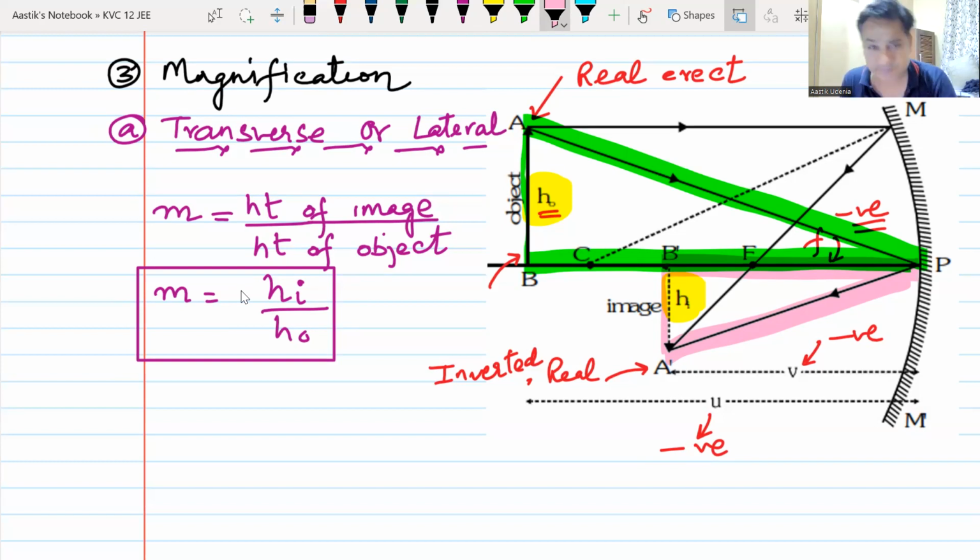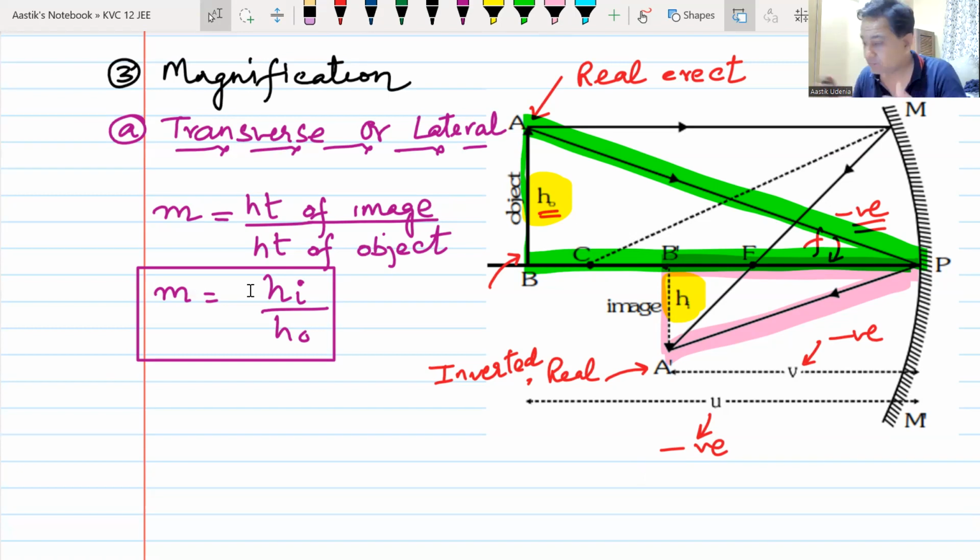Can you tell us the definition of magnification? The definition is right there on your board: height of the image divided by height of the object. That's it. That's the definition. Is it clear?